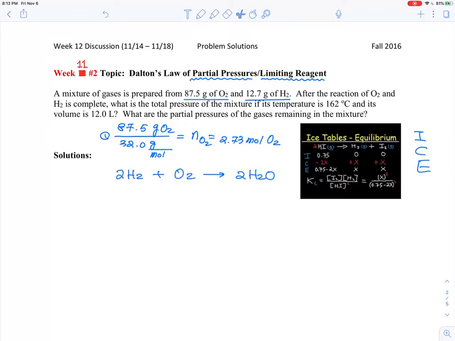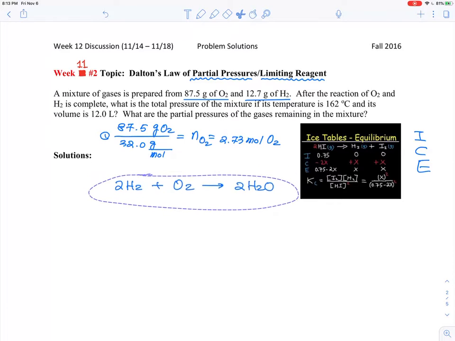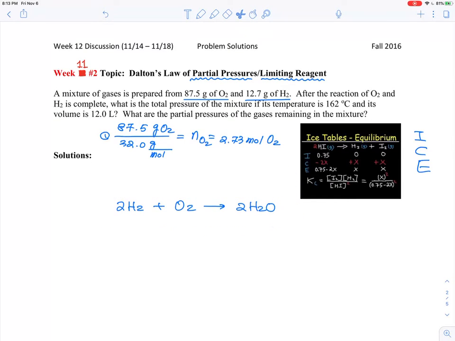I think I need more space here, so let's move this one down a little bit. Okay, and then the number 2, which is 12.7 grams of hydrogen, and the molar mass of hydrogen is 2.02 grams per mole.